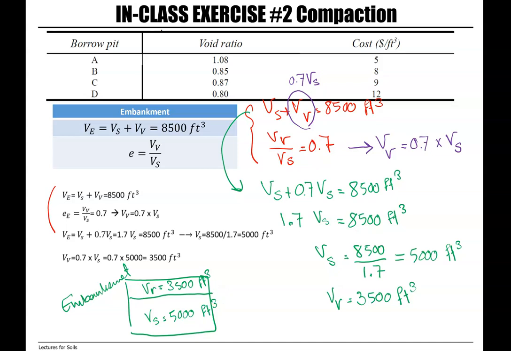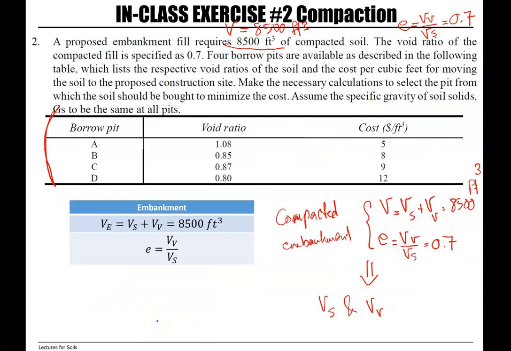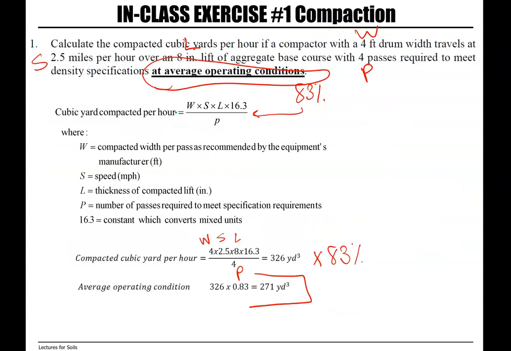Why do we need to do this? Because this will be constant. The question told us to assume that the specific gravity of soil solids from all of these pits is the same as the embankment's.